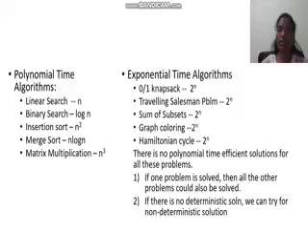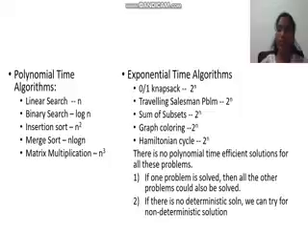That means they run in polynomial time. And if you take problems like 0-1 knapsack, traveling salesman problem, sum of subsets, graph coloring, the time required for running these algorithms could be exponential, 2 power n.